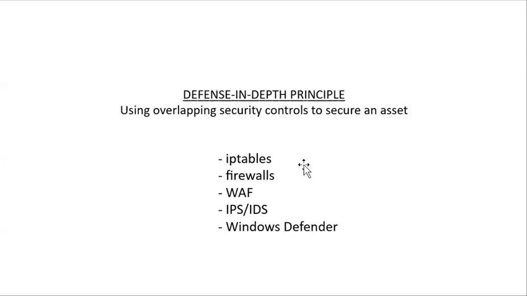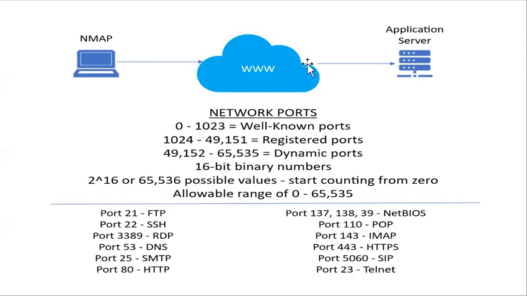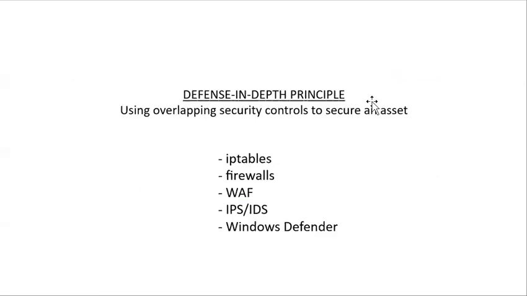And then if you have a firewall, definitely you should, sitting somewhere before the server, to allow or deny packets based on whether they are wanted or not wanted. Then a web application firewall also, that's another one. Then IPS and IDS, intrusion prevention and intrusion detection systems, those are also ways in which you can defend your assets.